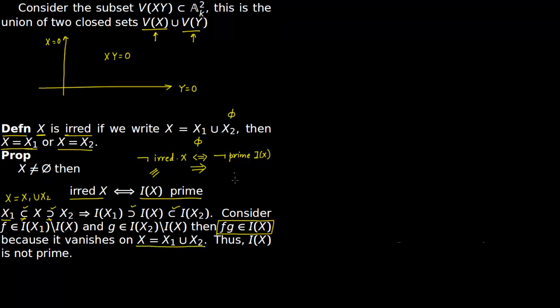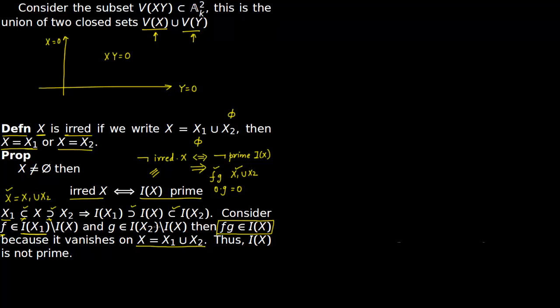This is obvious. So consider fg on x1 union x2, which we have taken as x. On x1, f times g becomes 0 times g, because f vanishes on x1, because we have taken f from the ideal of x1. So this becomes 0 times g, which is 0. So fg vanishes on x1.